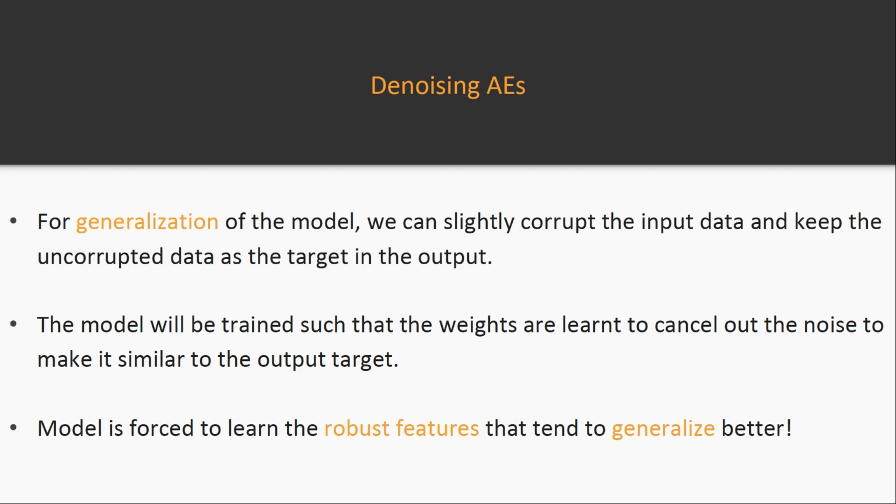The model will be trained such that the weights are learned to cancel out the noise to make the input similar to the output target. In this way, the model is forced to learn the robust features that tend to generalize better. Such autoencoders that have to cope with the distorted input to make more generalized outputs are called the denoising autoencoders.